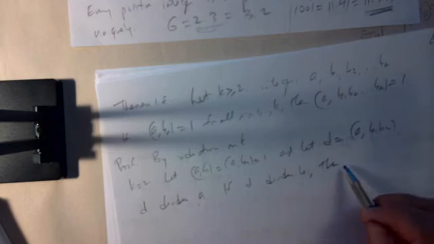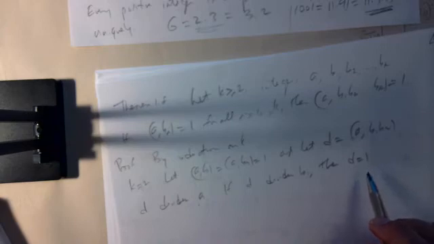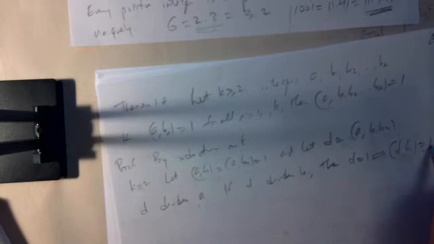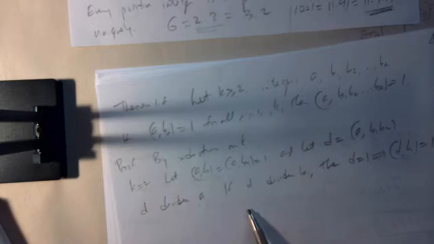So if D also divides B1, then D is equal to 1. So D and B1 have to be relatively prime. Right? The only common divisor of D and B1 is 1.